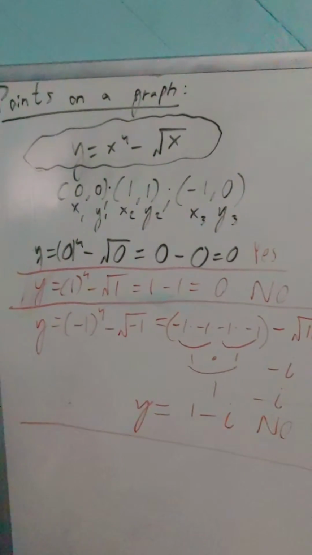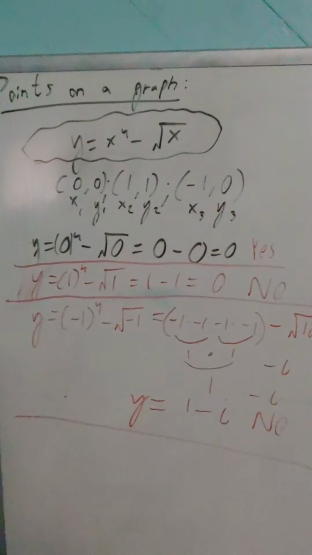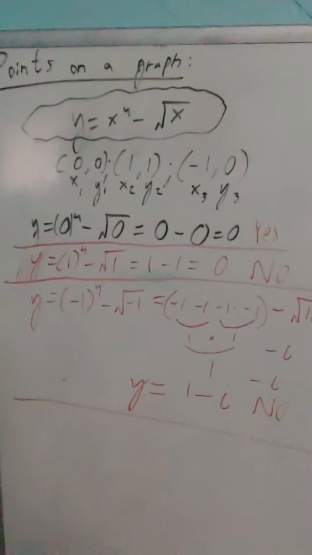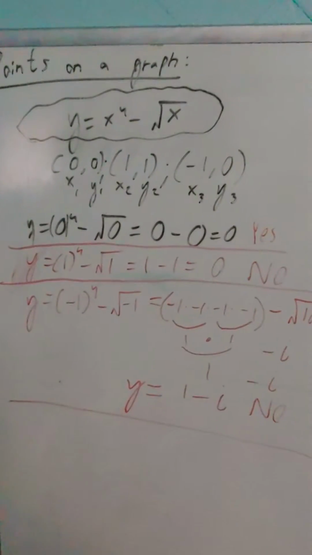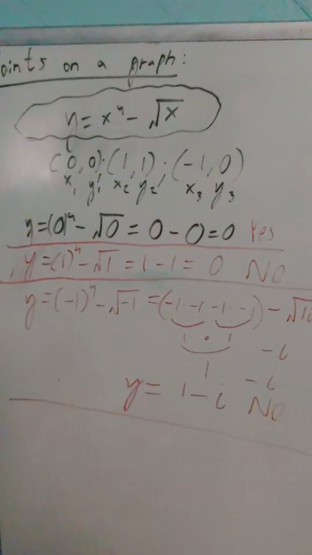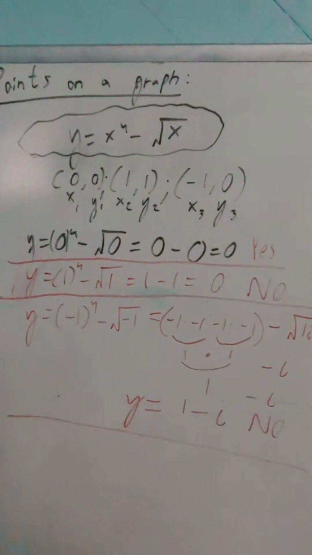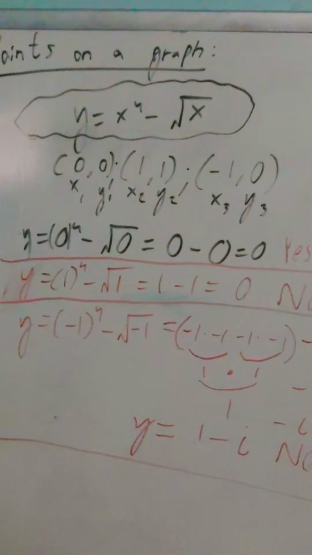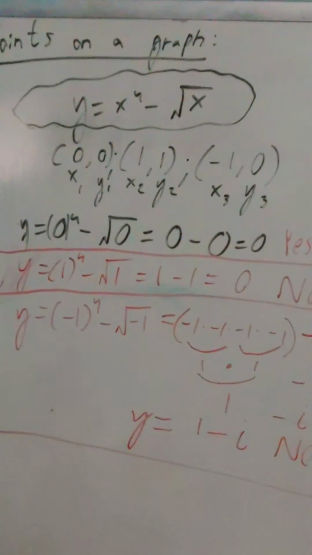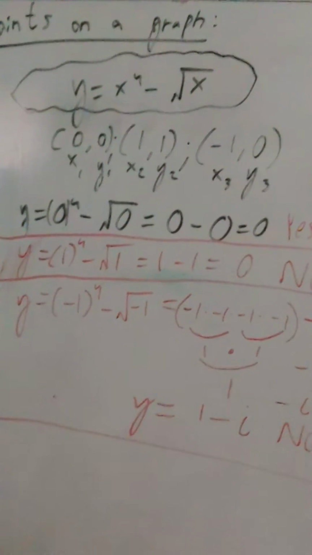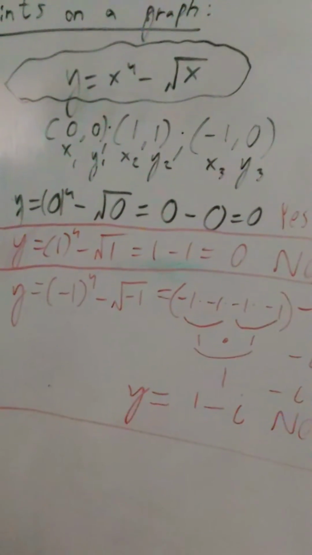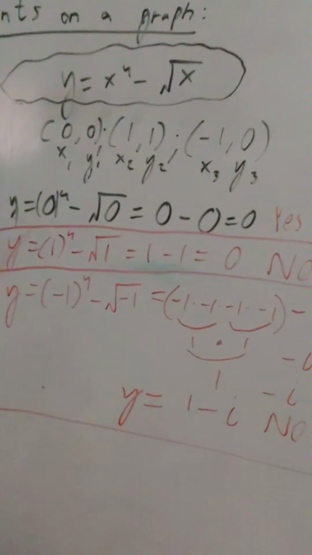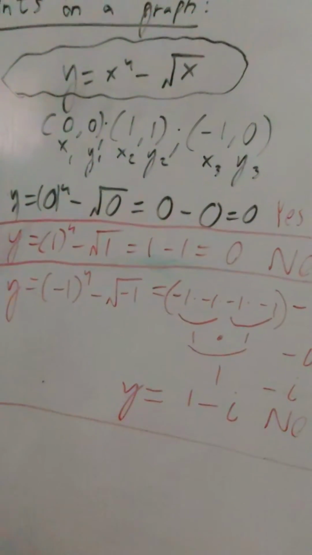So that works. For the next one, we're going to do the exact same process. We're going to plug in the x value, go through the entire thing, and see if the y value pops out. The x value here is 1. So we have 1 to the fourth minus the square root of 1. 1 to any power, say 1 to infinity, is just 1, because it's timesing by itself. So 1 to the fourth is just 1, minus the square root of 1, and the square root of 1 is always 1.